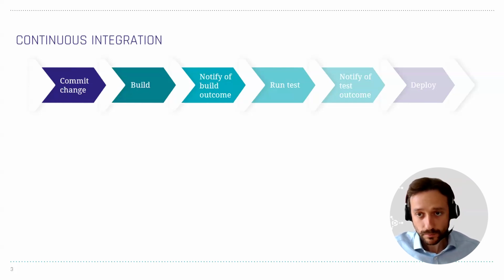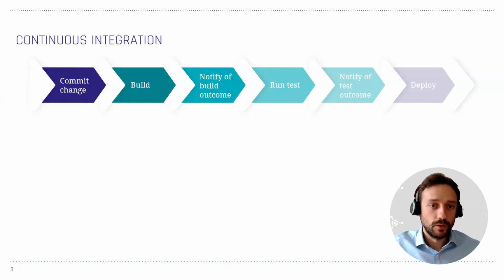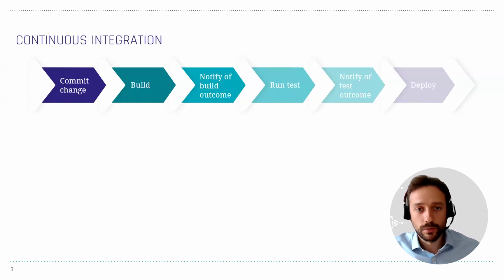The entire automated process begins when a developer pushes the changes. So when new code is pushed to a branch or a pull request is created, the CI phase kicks in automatically.